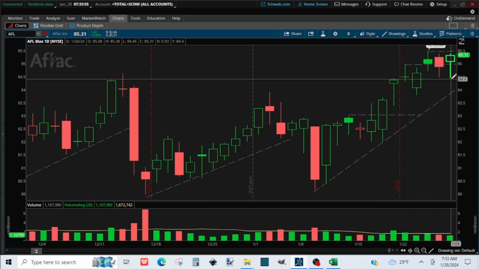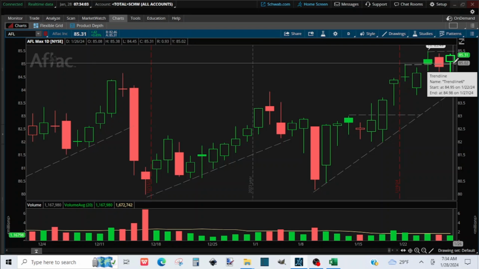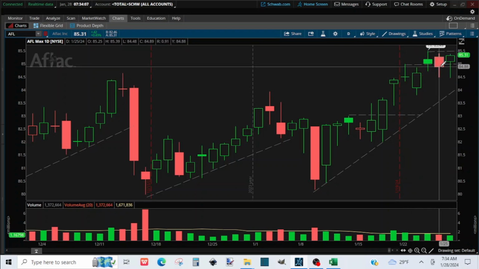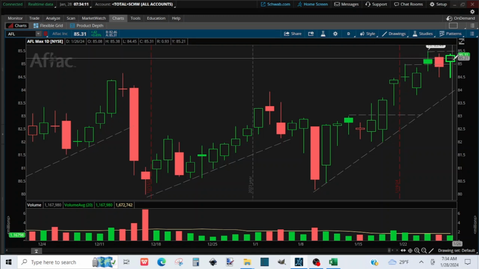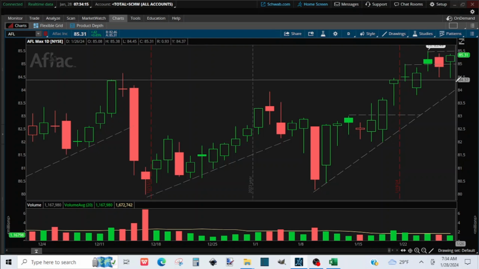It tried to come to the trend line, so I will prefer to, okay. So it is sitting on a previous resistance, using that as a support to start going up, but at some point it will try to come closer to the trend line. That's something to keep in mind.